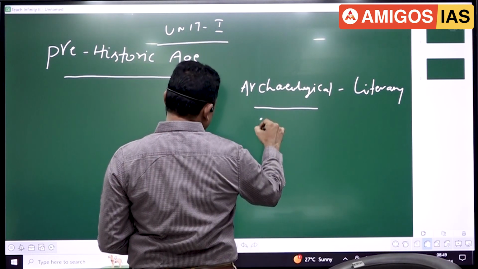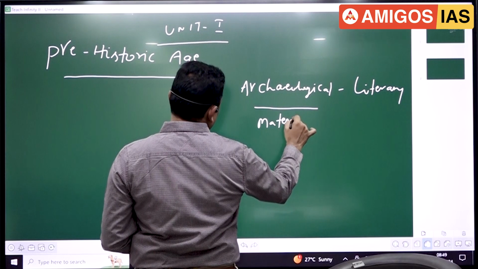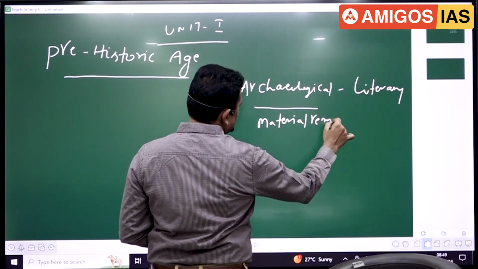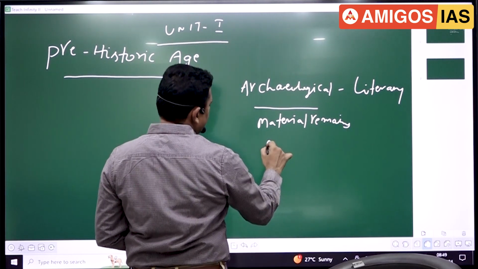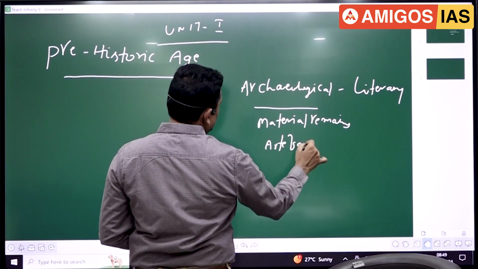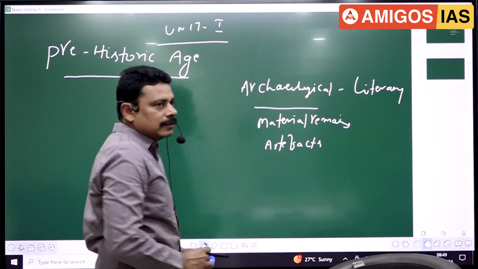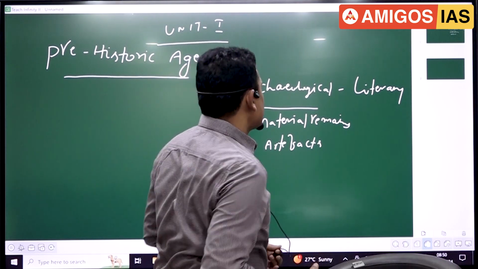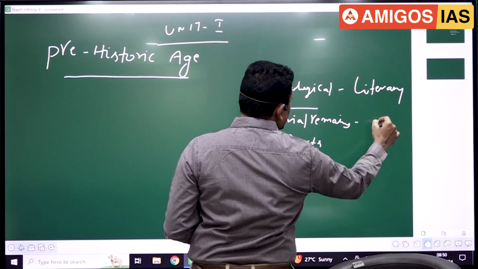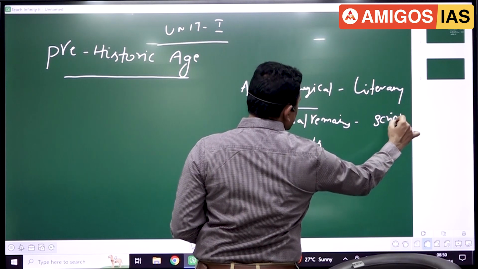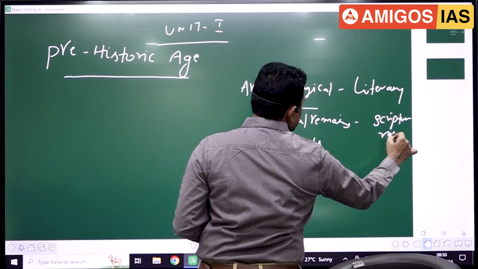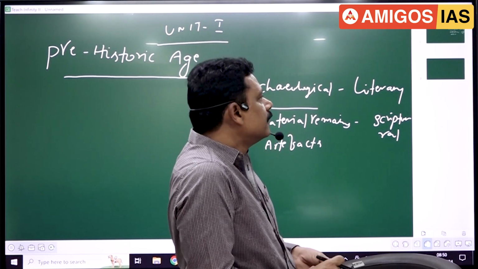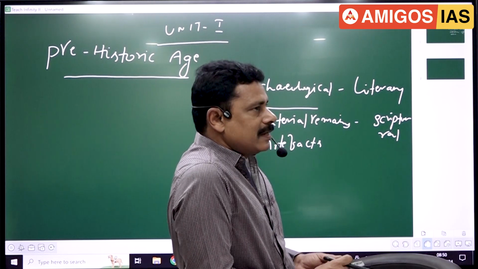It's like the material remains that were used by them, and artifacts, which will not be in the form of writing. Whereas literary sources are the scriptural sources. They will be in the form of writing. So this is a broad division of the sources.